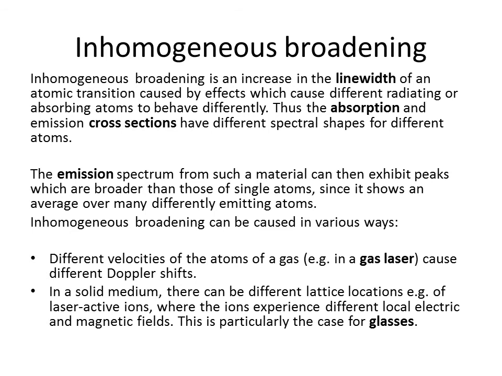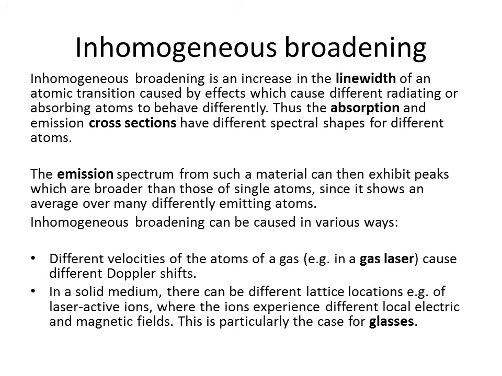Since all the atoms are not moving with equal velocity, the Doppler shift will be different. So the apparent frequency, or the frequency that we feel, will be different from each of these atoms. So that will result in unequal broadening. That is one example of inhomogeneous broadening.